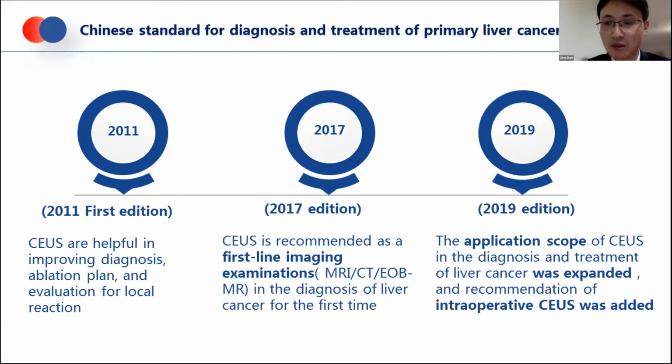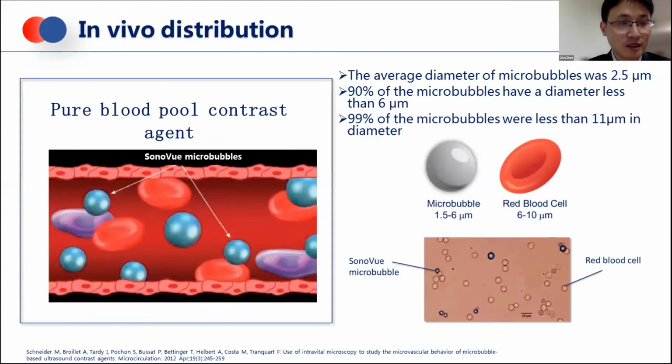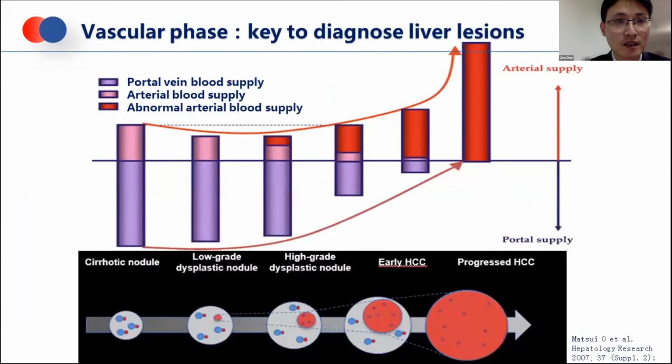intraoperative CEUS was added. The microbubble of the contrast agent is smaller than the red blood cell. 90% of the microbubbles have a diameter less than 6 micrometers. So it's a pure blood pool contrast agent. Vascular phase is key to diagnosing liver lesions.